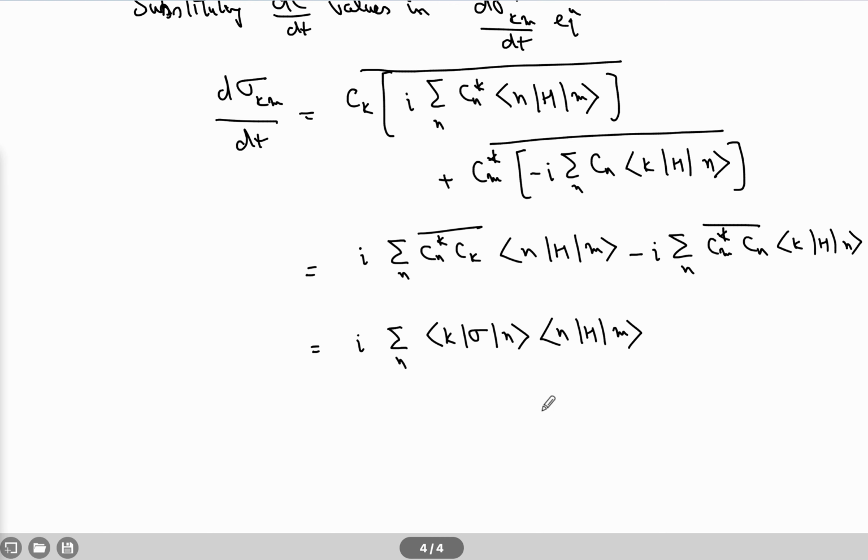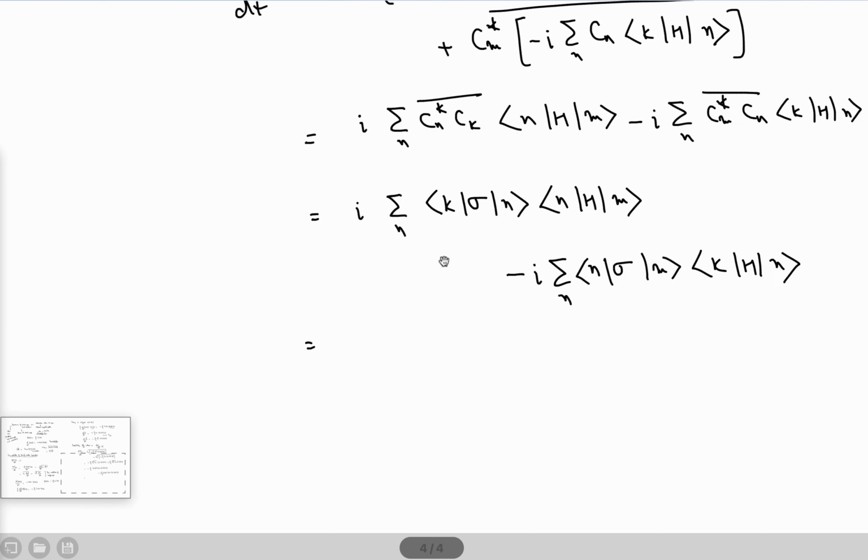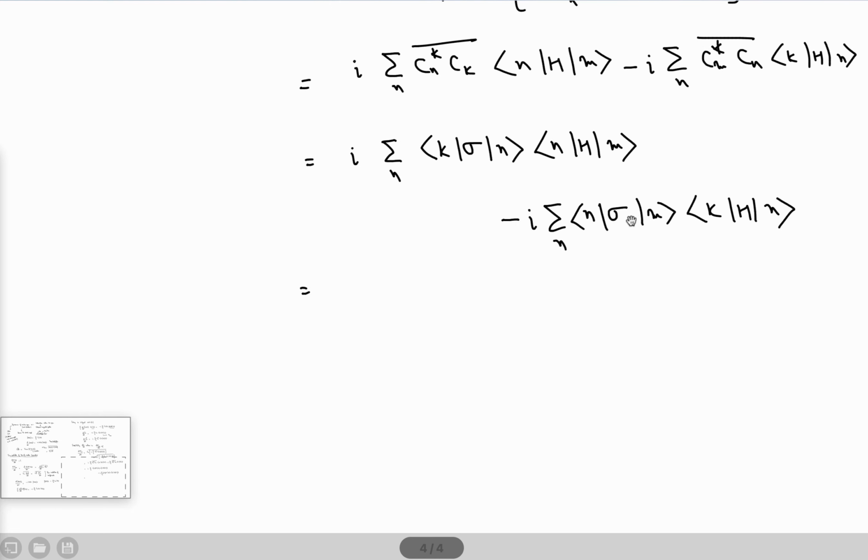Similarly here this can be written as minus i sigma_n, this will be bra n sigma ket m, k h n. Now these are numbers, so these can be replaced with each other, right?